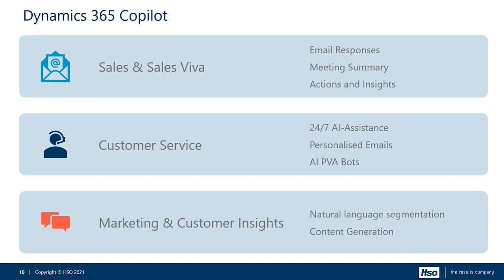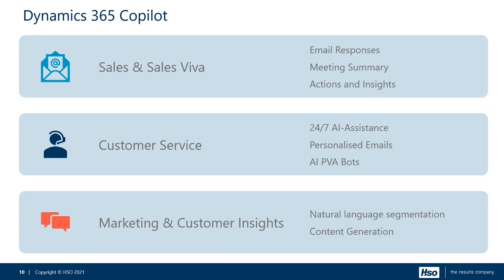In terms of the customer service, this is around being able to provide those customer service agents with a 24/7 AI assistance model. So whenever they're working with a customer, using this AI assistance model, they'll always have a support bot available to them to be able to help answer queries. Personalized emails, likewise, very similar to the email responses, having the AI model be able to provide and understand the context of the email that's come in and provide automated or AI generated responses back to the customer.